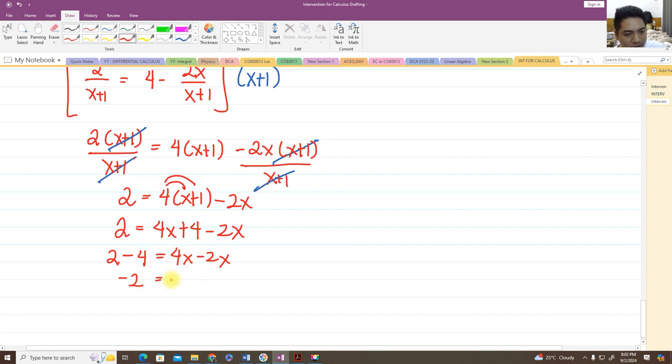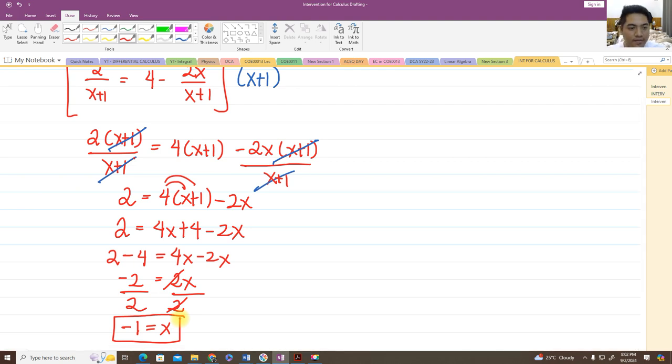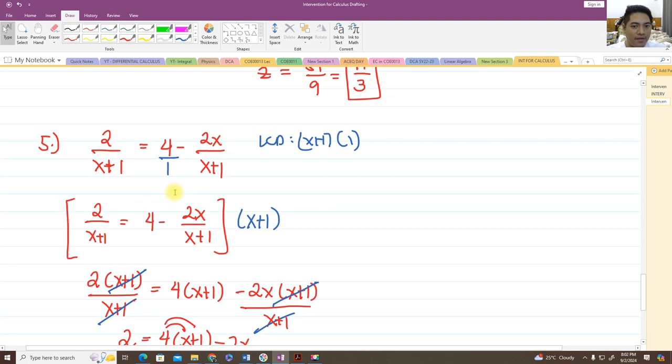You have 4x minus 2x is 2x. Divide both sides by 2 to get x. So you have negative 2 divided by 2 would be negative 1 equals x. Or simply x equals negative 1 for our root here. Alright, so that is for number 5.